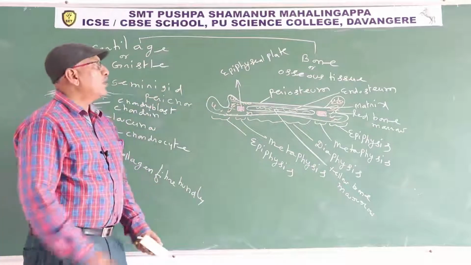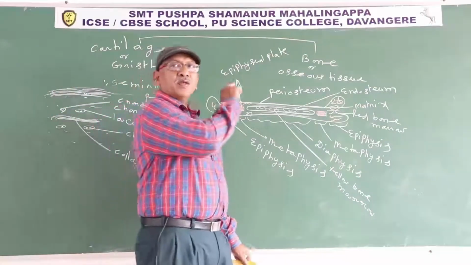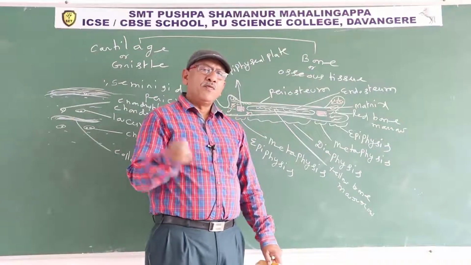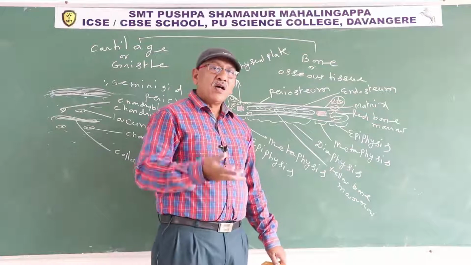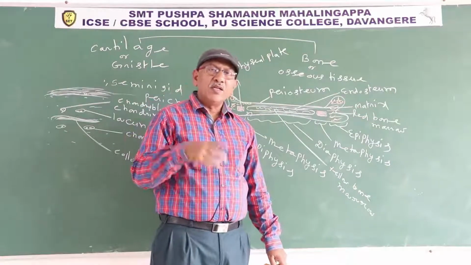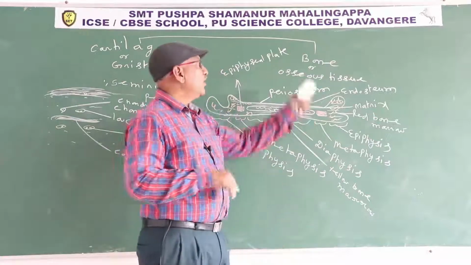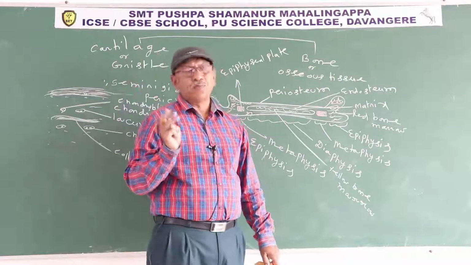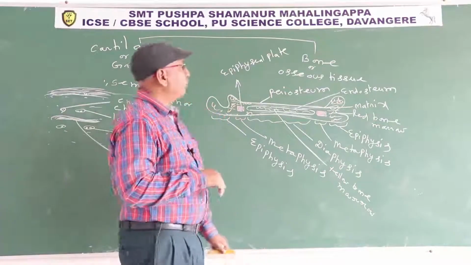Enough. Bone is also known as osseous tissue. Bone is one of the skeletal tissues. What is a skeletal tissue? The tissue that forms the endoskeleton. So what is endoskeleton? The hard part present inside the body that protects the inner delicate parts is known as endoskeleton. So bone is one of the skeletal tissues. Second point, another name of bone is osseous tissue.